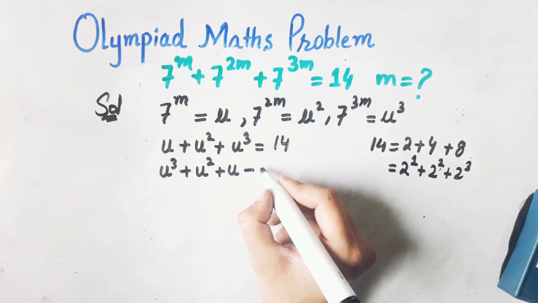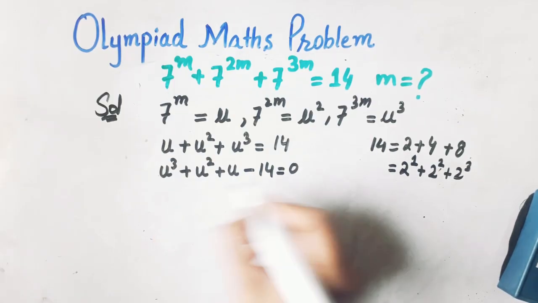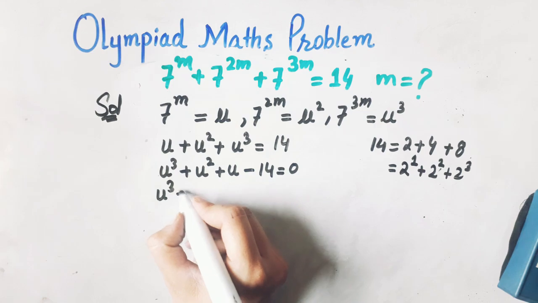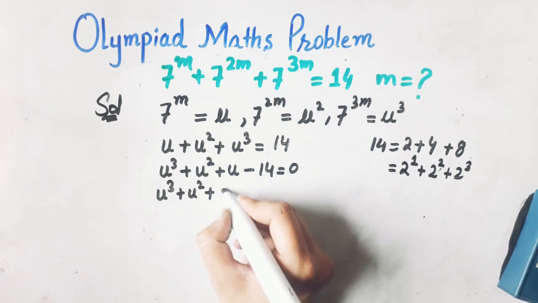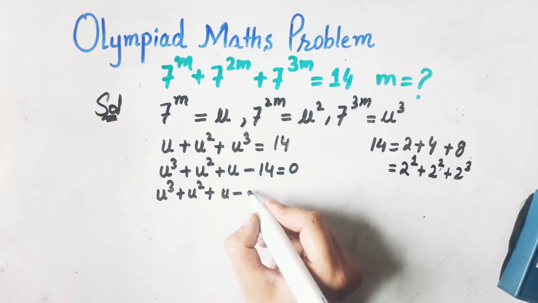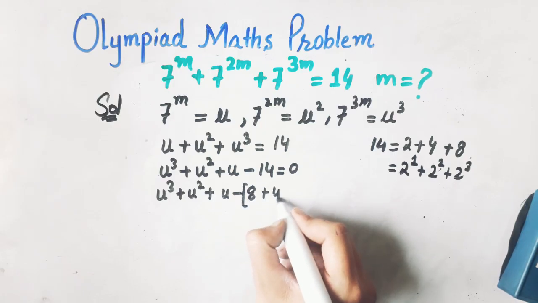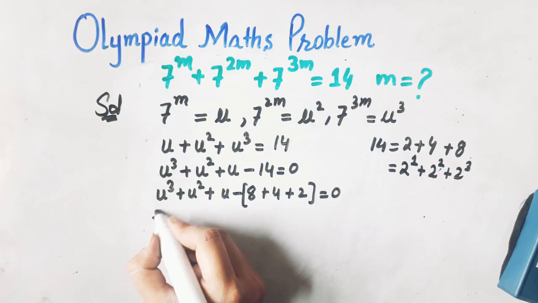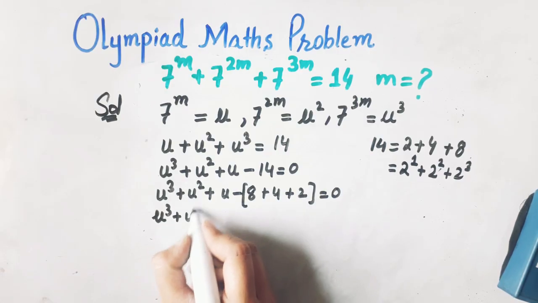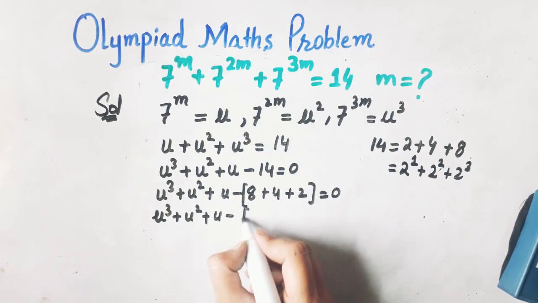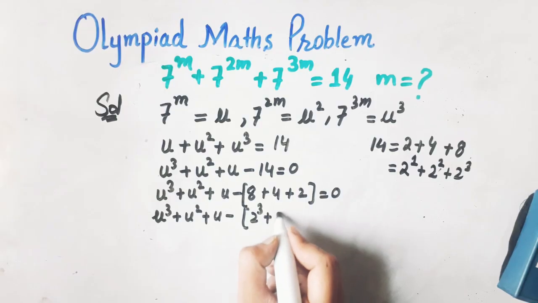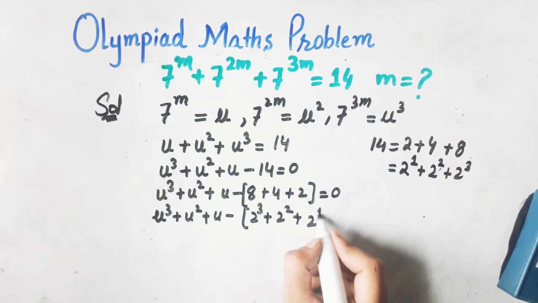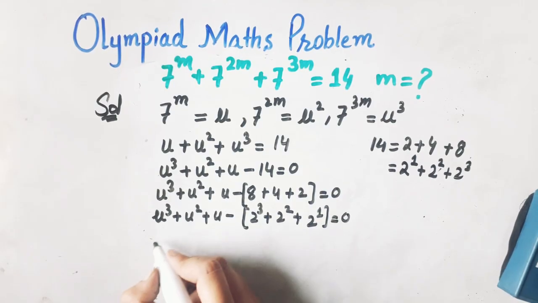So this will become, first we write u cube plus u square plus u minus 14 equals 0. Then u cube plus u squared plus u, in 14 we can write 8 plus 4 plus 2. Then u cube plus u squared plus u minus 8 is 2 cube, 4 is 2 squared, and this is the 2 power 1 equals 0.